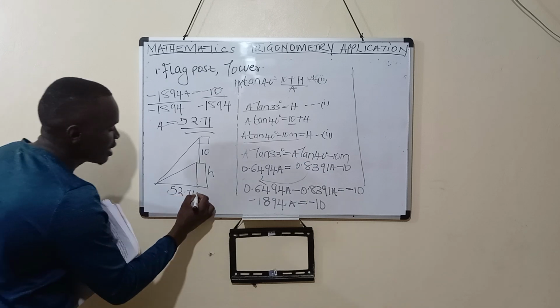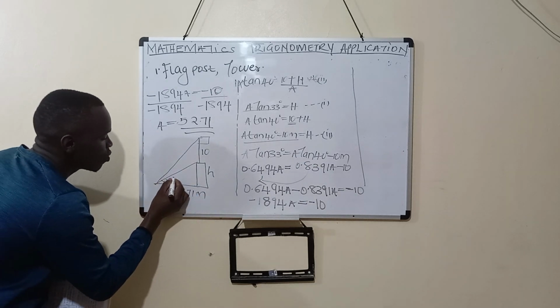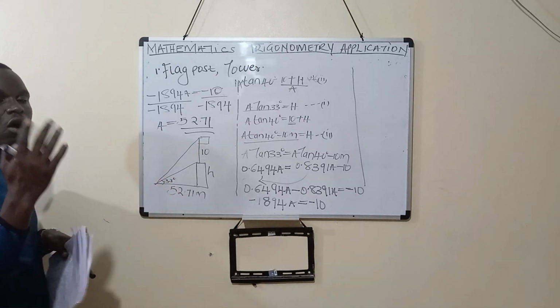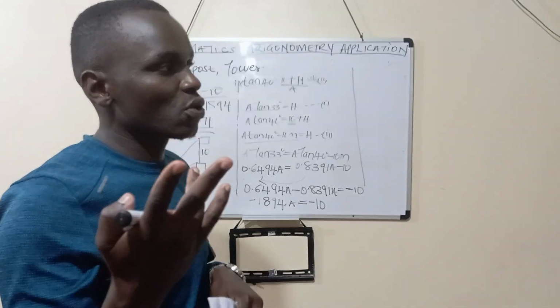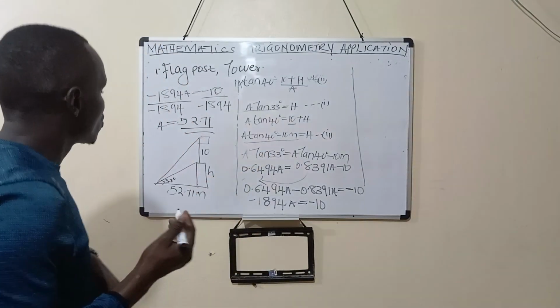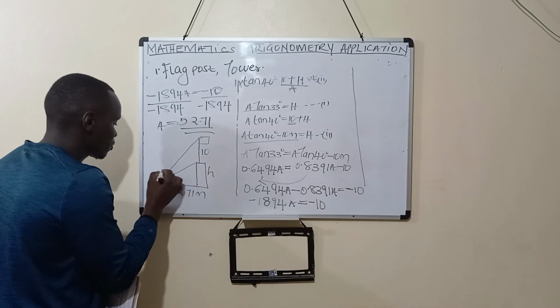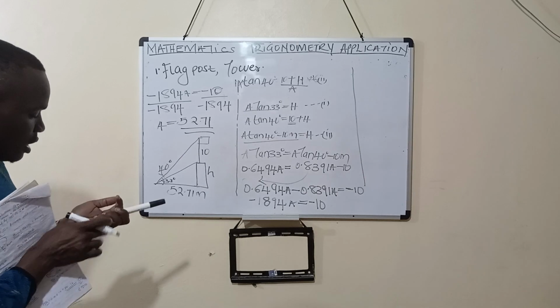Now that we have obtained the value of the adjacent, we can use 33 degrees with its tan, or one of the ratios that we expressed. Remember, we made two ratios at first so that we can make h the subject of the formula. Here we had 40 degrees.